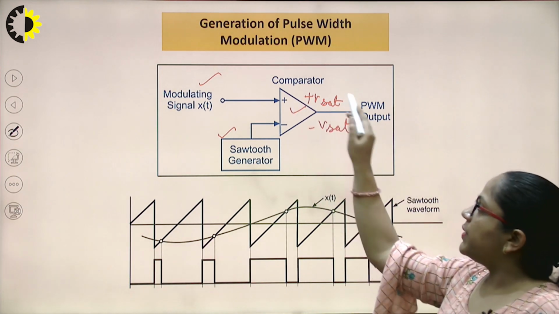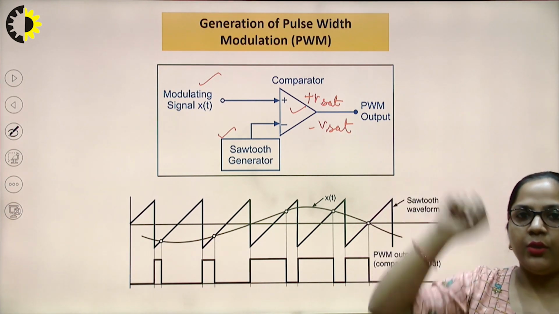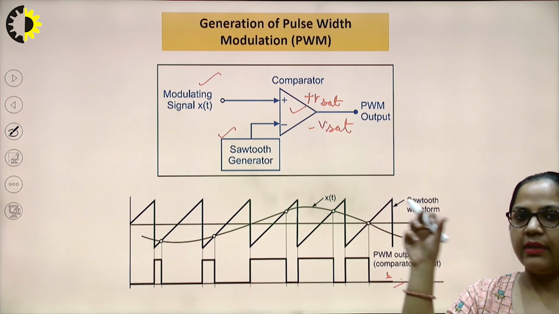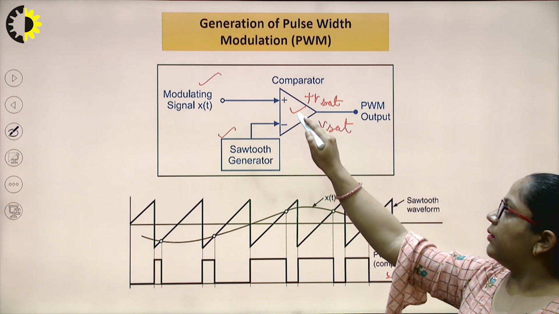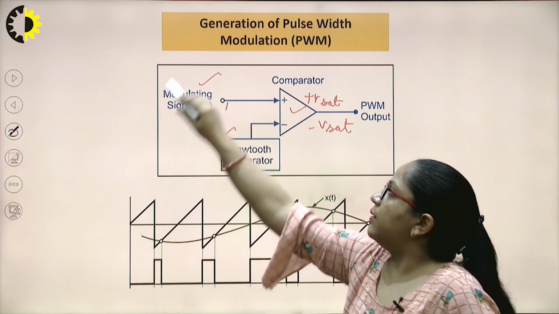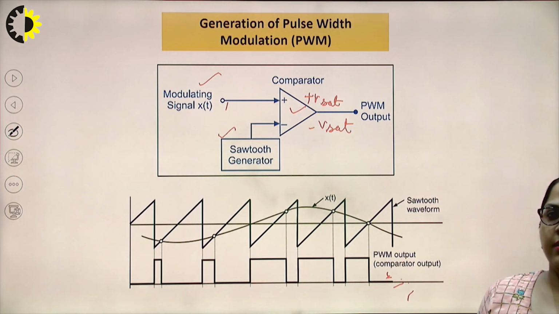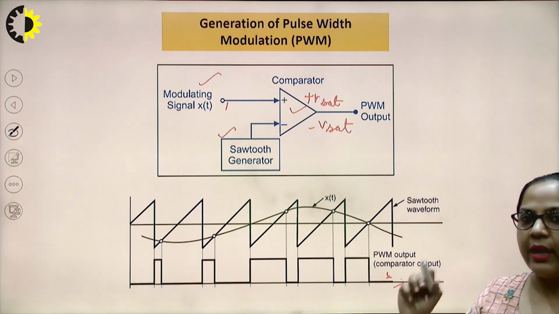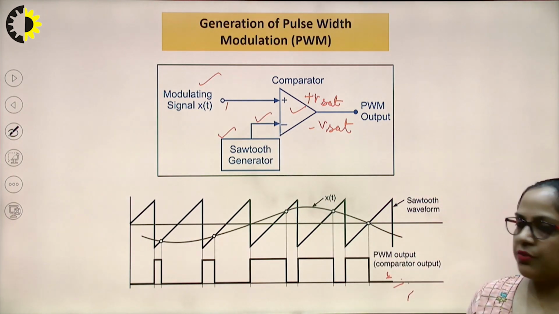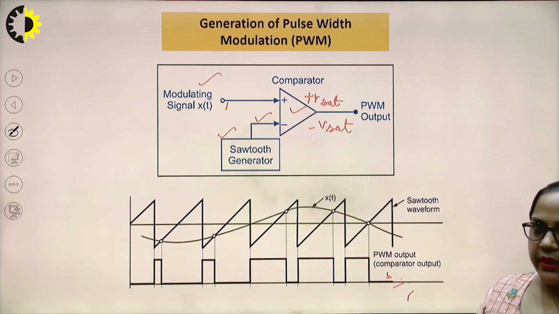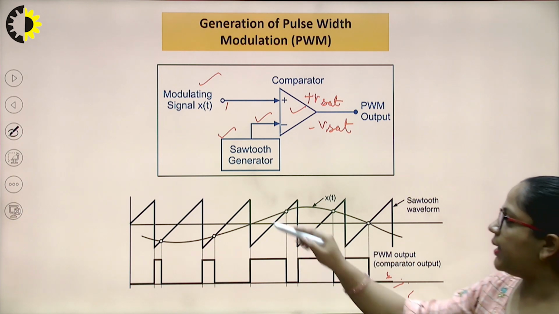The output of this comparator will be equal to a positive signal whenever the modulating signal is having more amplitude in comparison of the signal, that is a sawtooth waveform available at the inverting terminal. So, let us understand with the help of waveform.